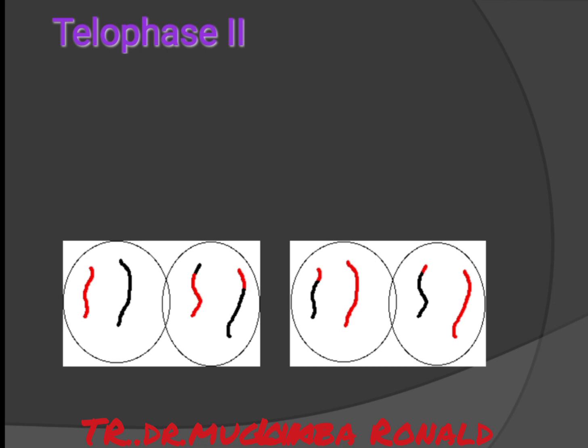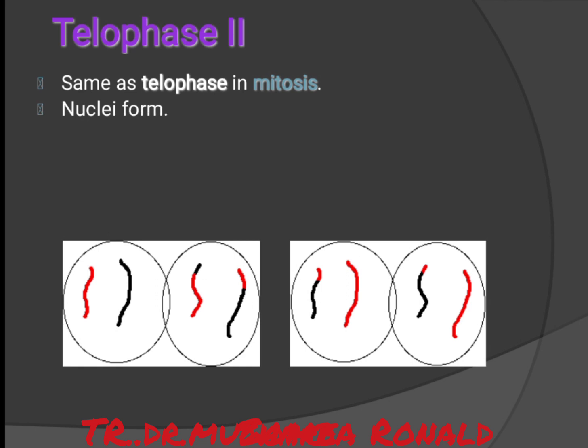During telophase 2, it is the same as in mitosis. The nuclear envelope reappears, the nucleolus also reappears, and the chromosomes decondense and become more thread-like.